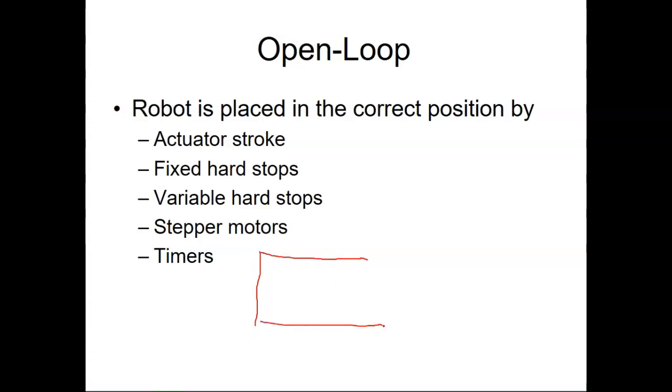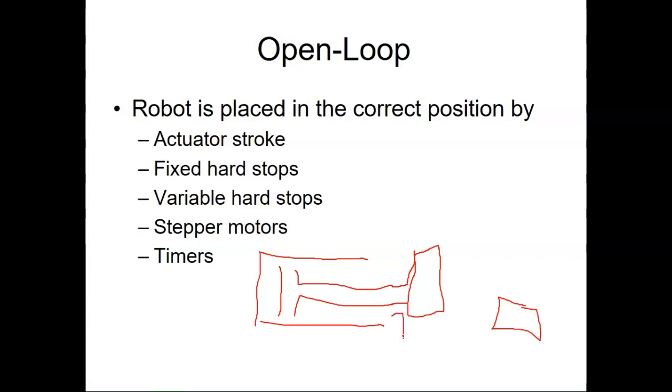so here's my cylinder again. What it's going to do is whenever the piston extends, and we'll just draw a block on here, when it extends, it's going to hit this hard stop.